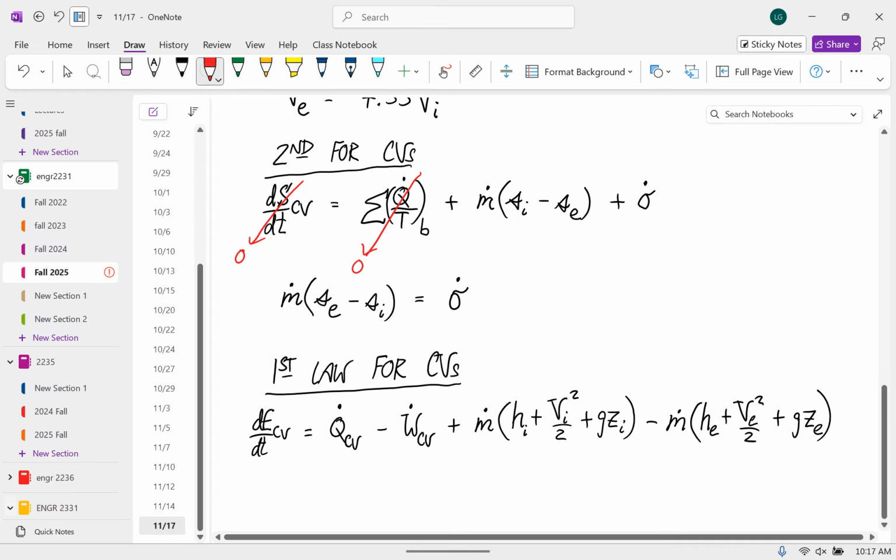This is a horizontal pipe, so we're not going to worry about those. Those are the same. There's no heat transfer.